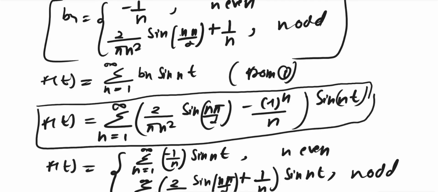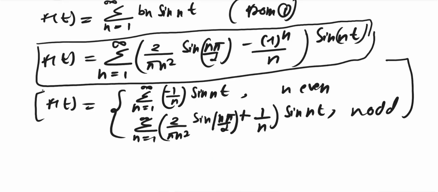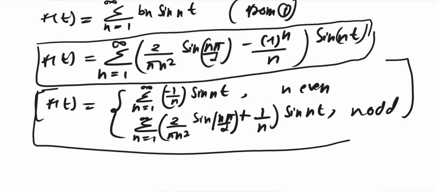Using this form, using this bn, we can write ft also in two parts, when n is even and when n is odd. This is the more simplified form. So, both ways the answer is correct. Either this or this. In one we have written bn directly without taking even and odd terms, and next we have simplified it in even and odd.